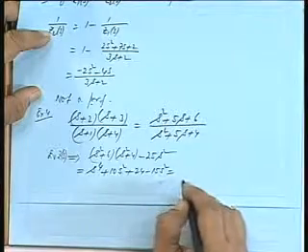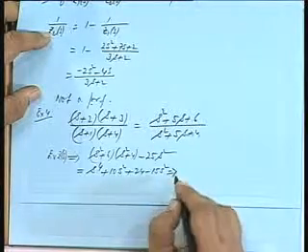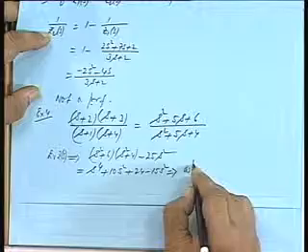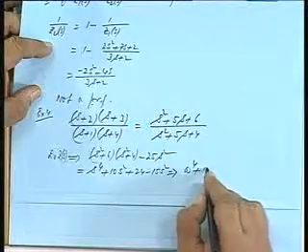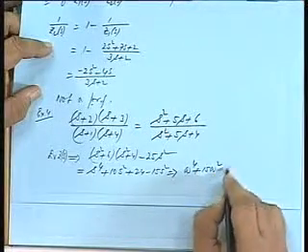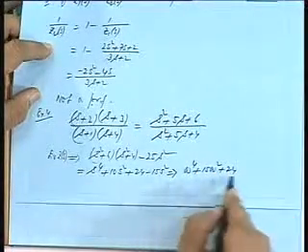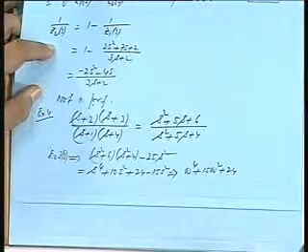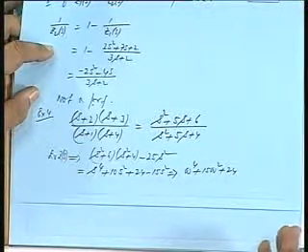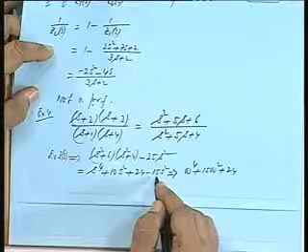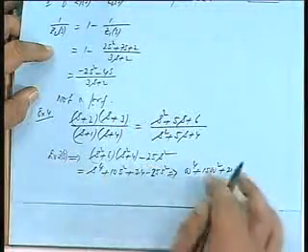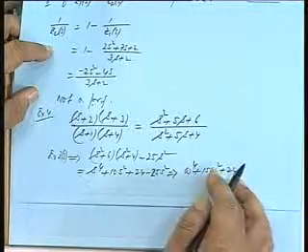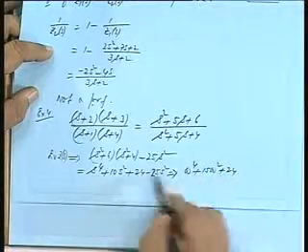If I put s equal to j omega, that will give me omega to the power 4 plus 15 omega squared plus 24, since minus 15 s squared becomes plus 15 omega squared.